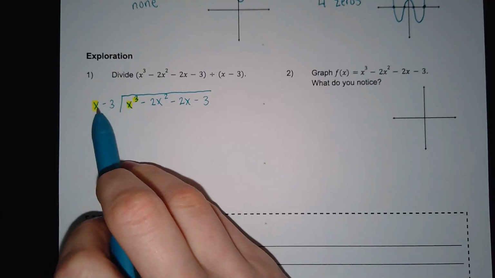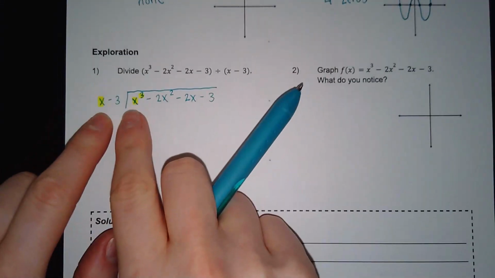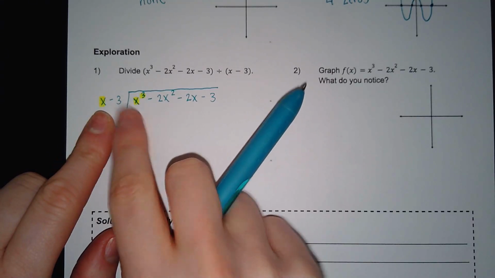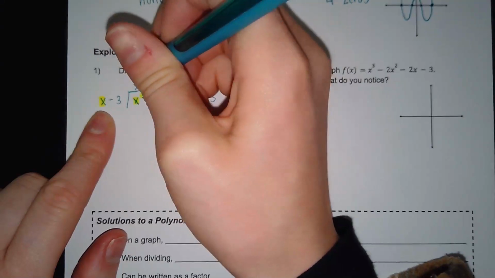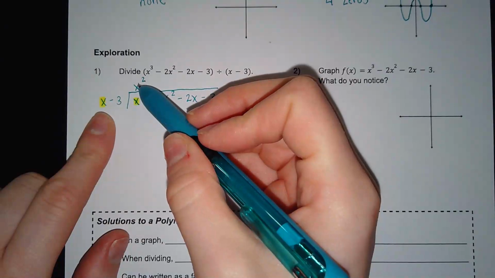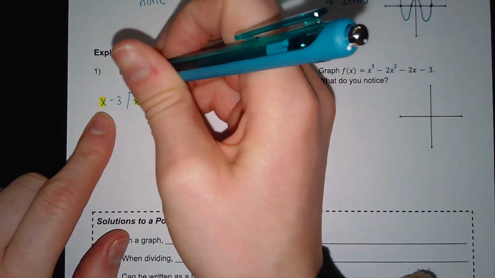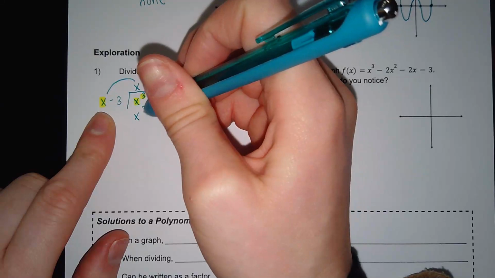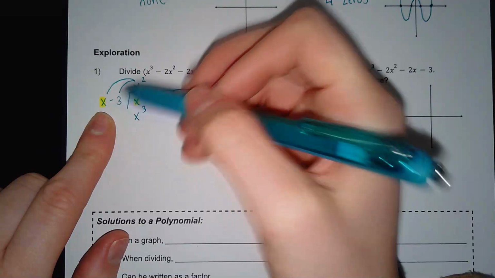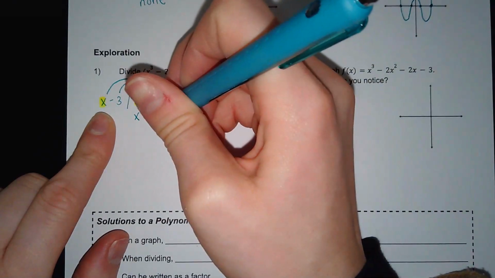So I'm going to start by finding the factor. What would I need to multiply x by to get x cubed? That would be x squared. Then we multiply. x squared times x is x cubed, and x squared times -3. Remember to also multiply by that -3 is -3x squared.